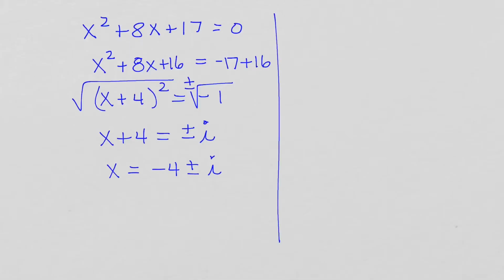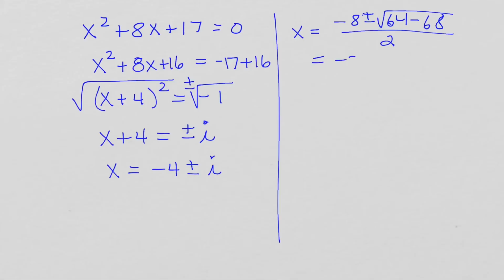But what you could also do is use the quadratic formula. And so for that, I'm going to have x equals -b, -8, plus or minus the square root of b squared, which is 64, minus 4 times a times c. That's 4 times 1 times 17, and 4 times 17 is, what, 68, over 2a.